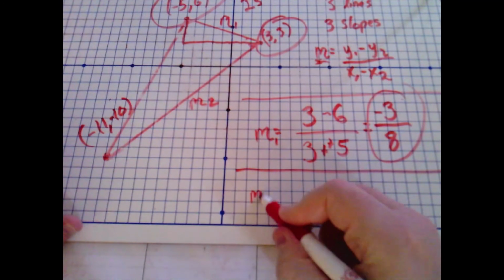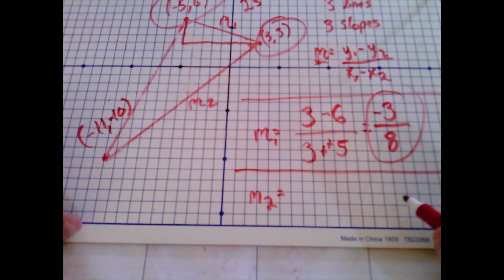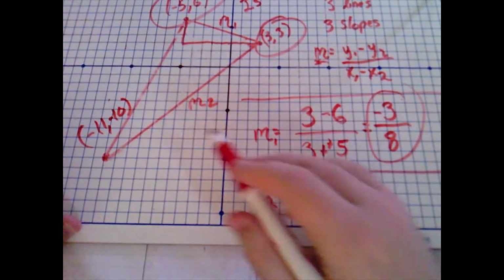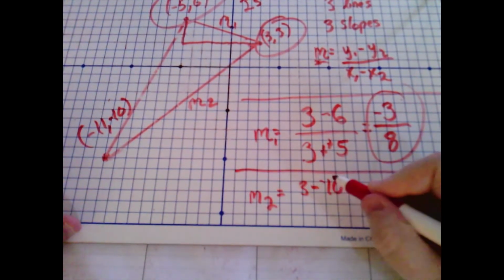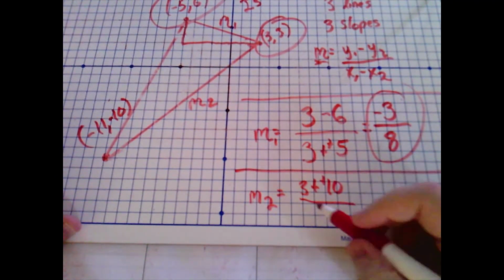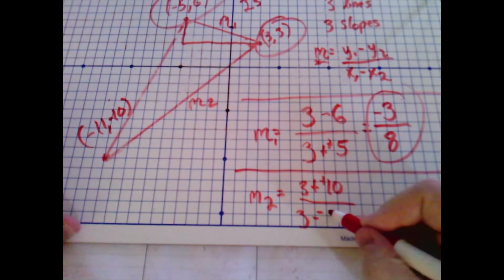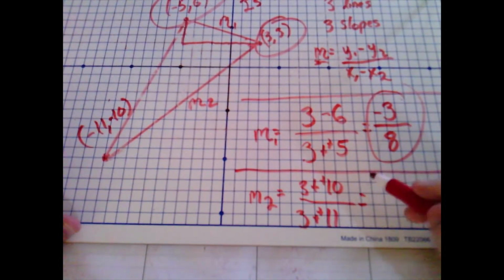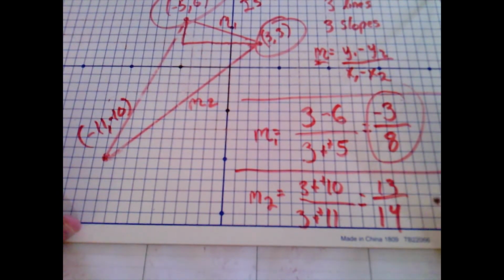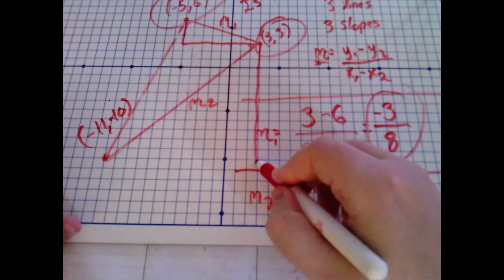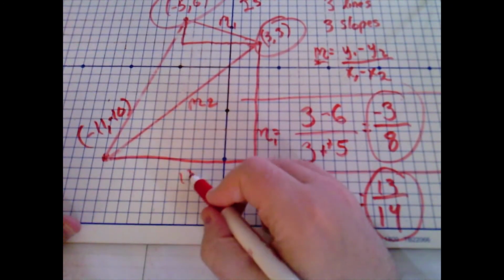And we're going to say m sub 2 is equal to, well, 3 minus negative 10, make that addition, over 3 minus negative 11. Make that addition again. So this is 13 over 14. All right, so m2 is 13 over 14. Very good. The slope here is 13 over 14.